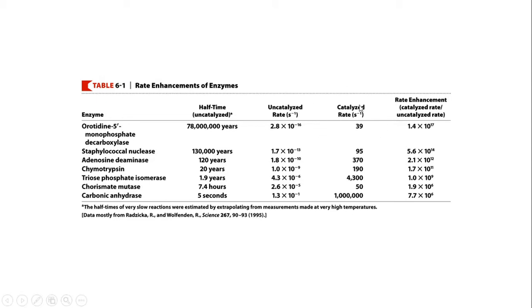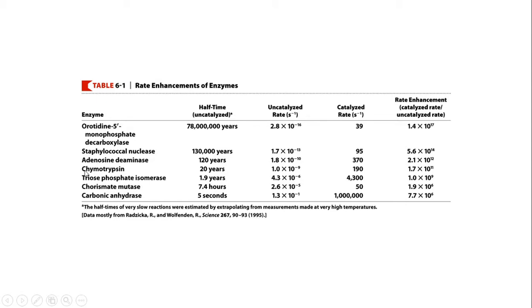When this enzyme catalyzes this reaction, that rate is 39 1 over s, which is a 1.4 times 10 to the 17th rate enhancement. So again, this rate enhancement, or the catalytic power, so to speak, is the catalyzed rate divided by the uncatalyzed rate. And we'll do some problems in which we calculate these.